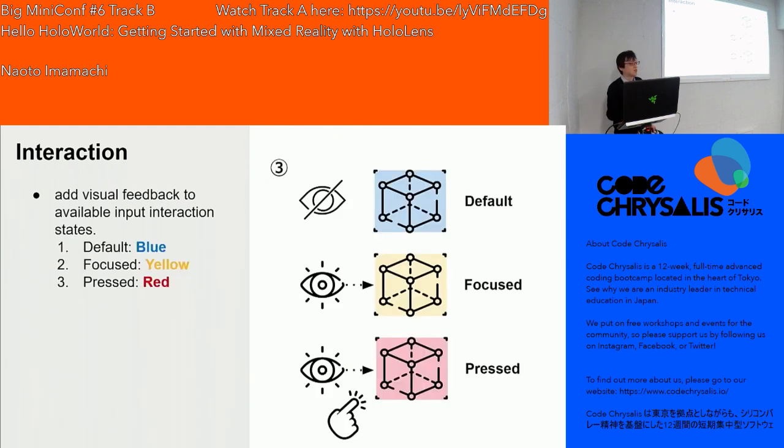And also, I implemented visual feedback to easily understand available input interaction states. By default, the color of the virtual object is blue, and if I gaze at the object, the color changes into yellow. If I gaze and air tap, the color changes into red.